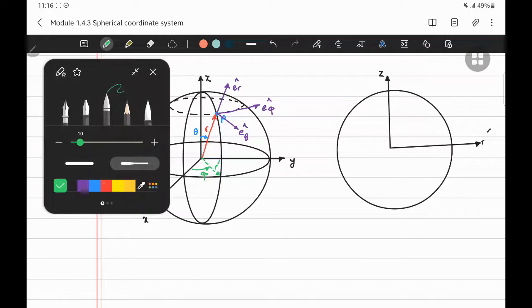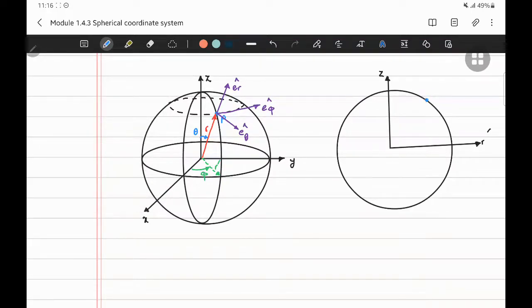So if we have this point P in here, and then we have this R in here, and we have our unit vectors like E R prime, and then we have E Z in here.